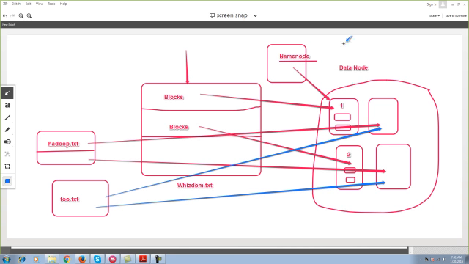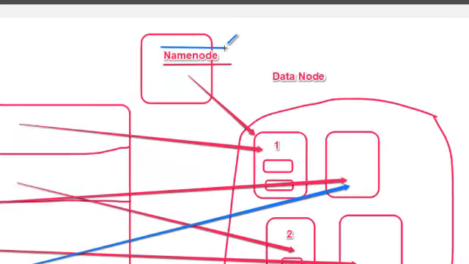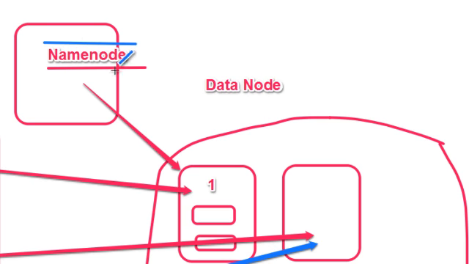That is a very high-end system, and all the information is put into RAM. Very important, guys: this metadata information is put into the RAM, whereas the data itself might be stored on your hard disk. Wherever you want to store this block, that might be stored on your hard disk.